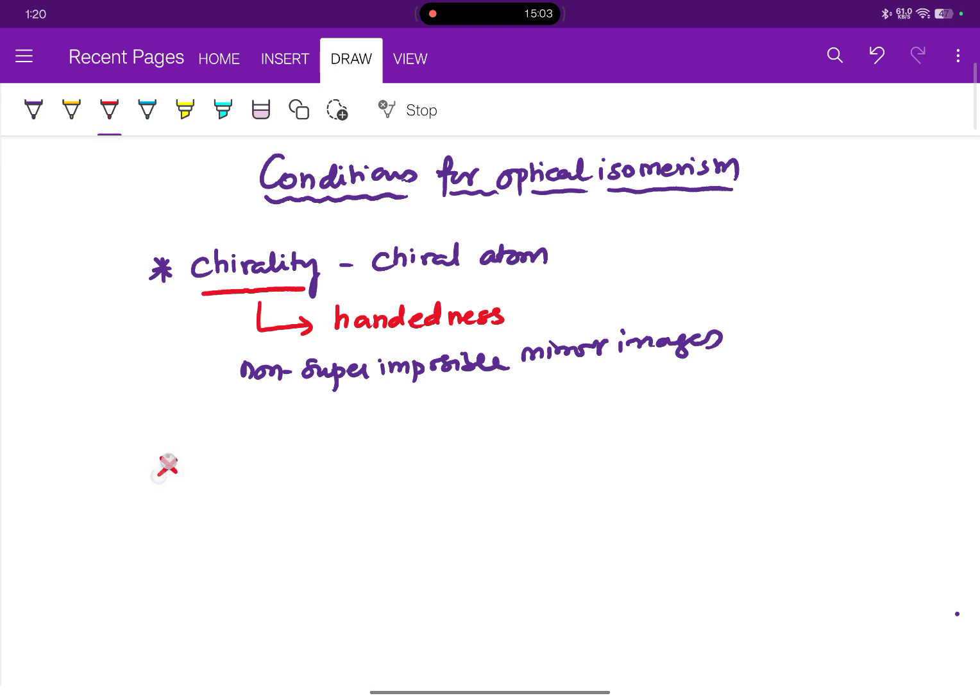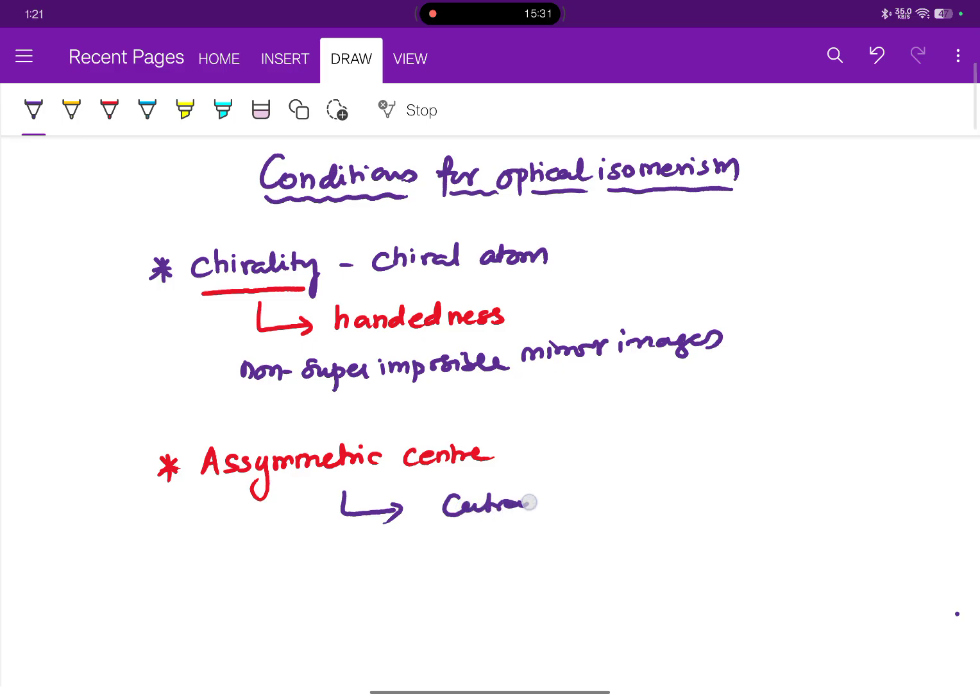And then the second condition, a very important condition, but sometimes even in its presence the molecule can be optically inactive, which I will tell you later. The condition is the asymmetric center. So what is an asymmetric center? Very simple.